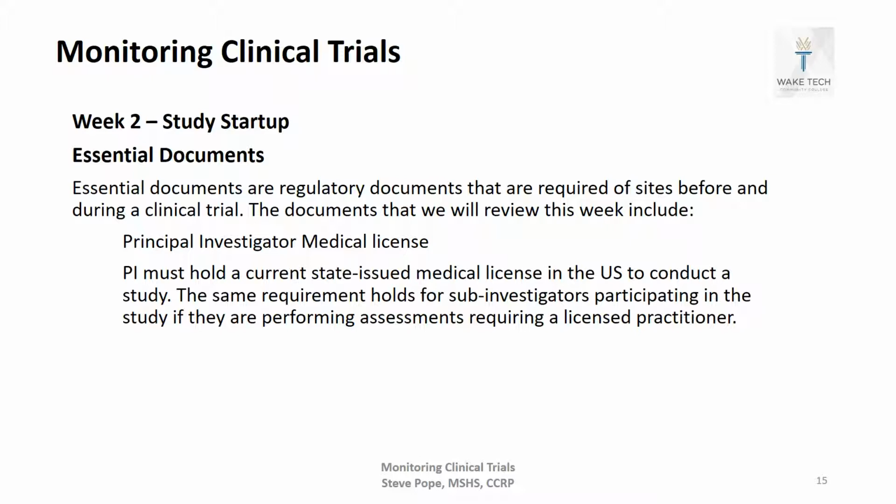So any sub-investigators that might be MDs or DOs, we want to collect their medical licenses. We may have sub-investigators that are RNs or nurse practitioners or physician's assistants. We also want to collect their licenses as well, and we want to make sure that they're current.